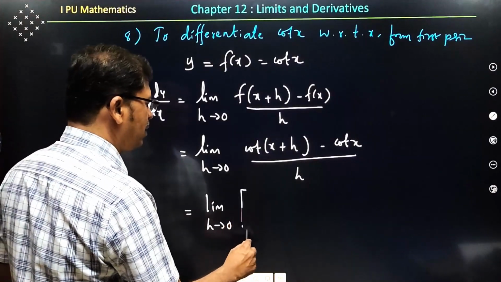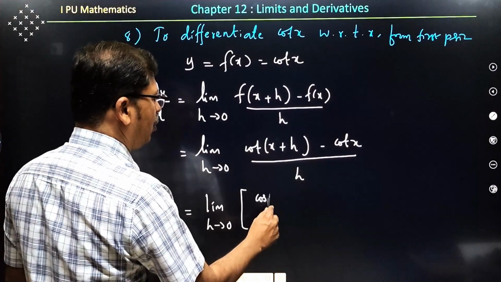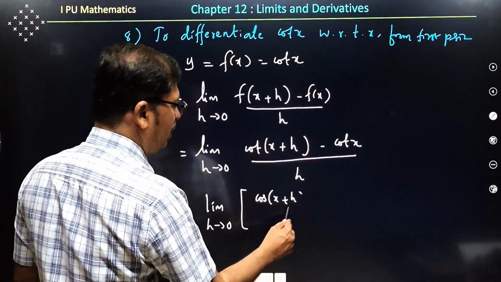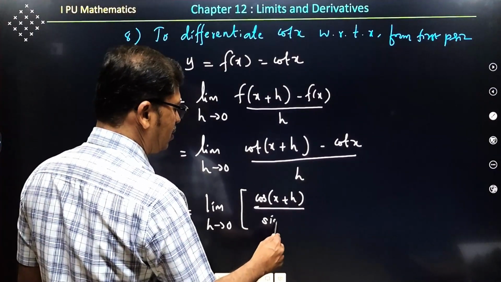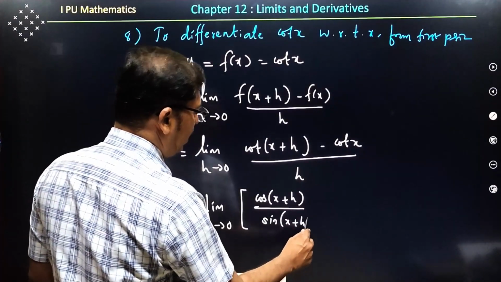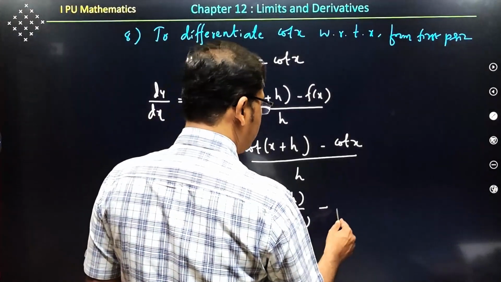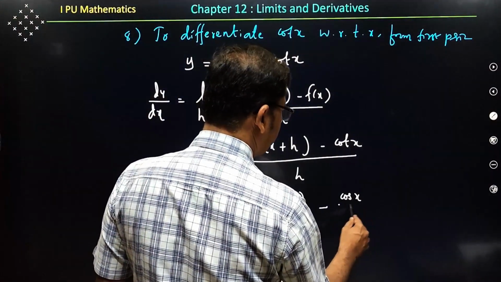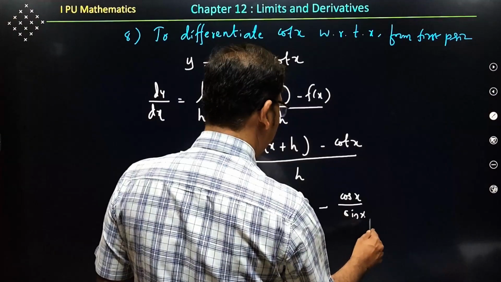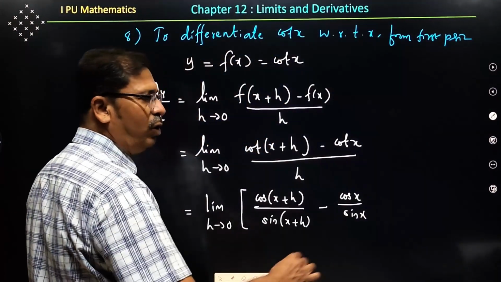Cot can be written as cos of x plus h divided by sin of x plus h. If you put h equal to 0, definitely it takes 0 by 0. Cot x is given by cos x upon sin x. Okay, and then whole divided by h.